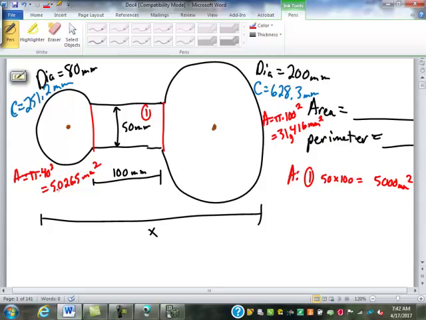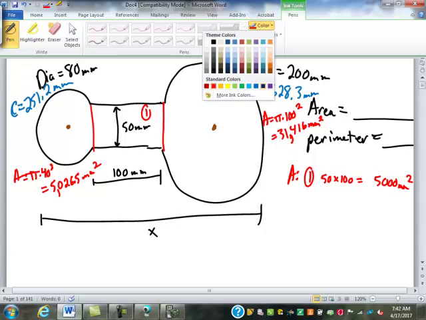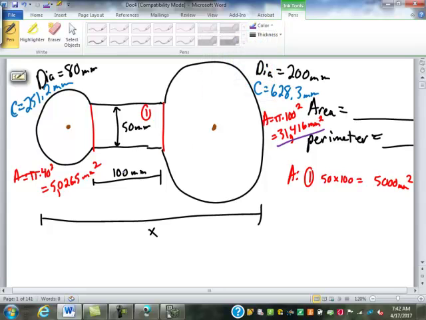Now what? Careful. I can't just add these to this because I'm missing that little slice of the circle.